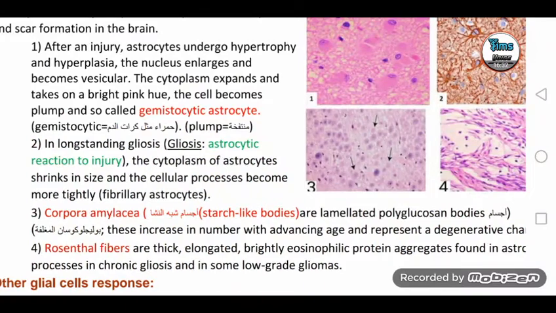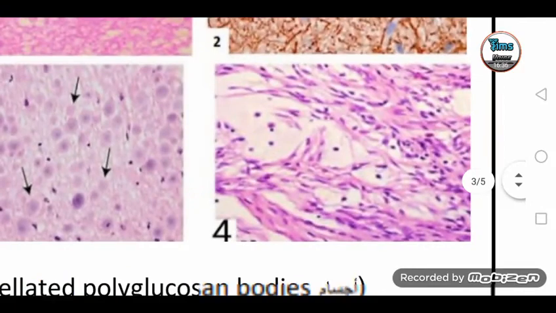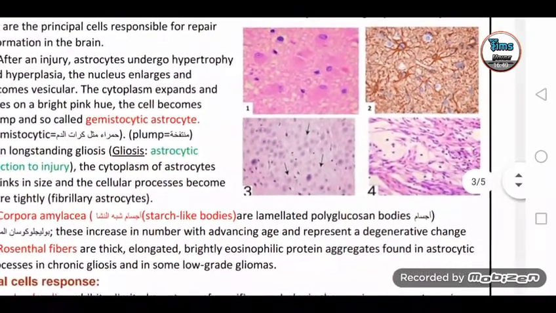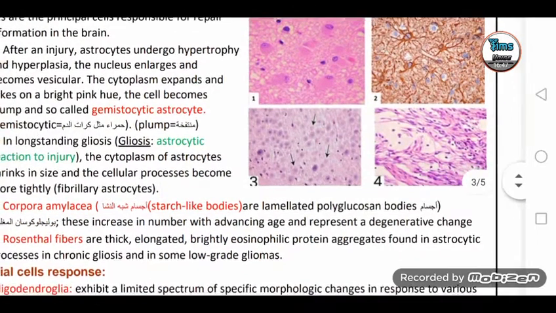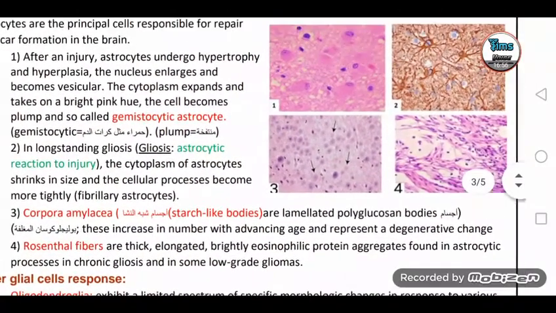These fibers over here are thick, elongated, brightly eosinophilic protein aggregates. So the corpora amylacea were carbohydrates, the Rosenthal fibers are protein aggregates, found in astrocytic processes in chronic gliosis, at the late stages of gliosis.